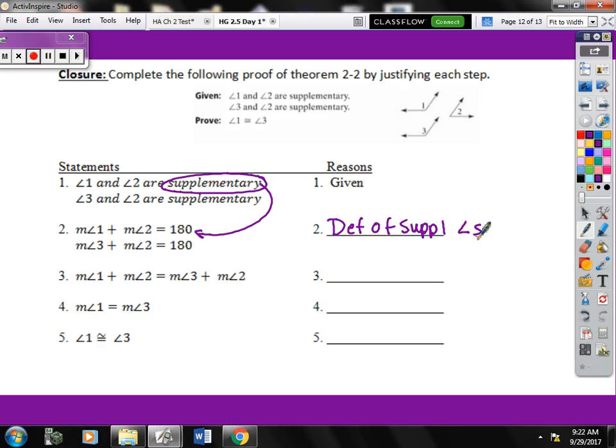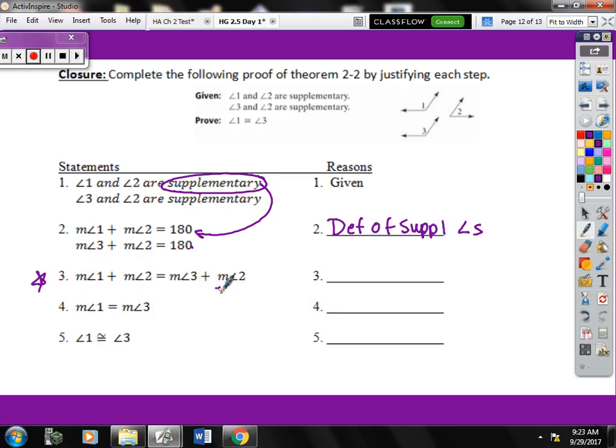And since they had both of them, and it was the same reason, instead of writing definition of supplementary, they just lumped those together in statement 2, which you are allowed to do. Now the big mystery will be, how did they get from here to this statement? We have measure of angle 1 plus 2 equals 180, measure of angle 3 plus 2 equals 180, to say that the measure of angle 1 plus 2 equals 3 plus 2.